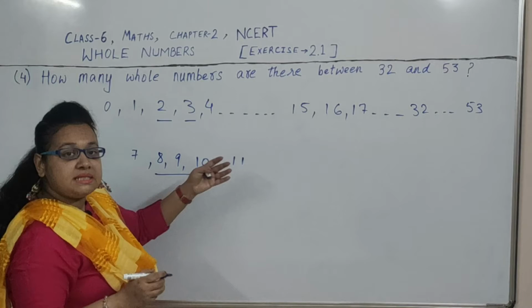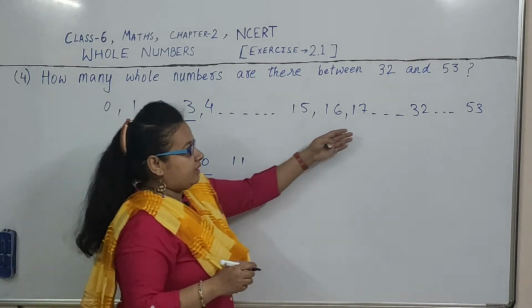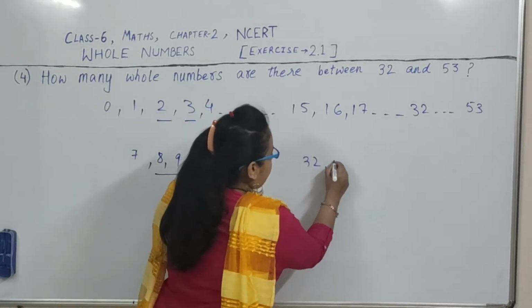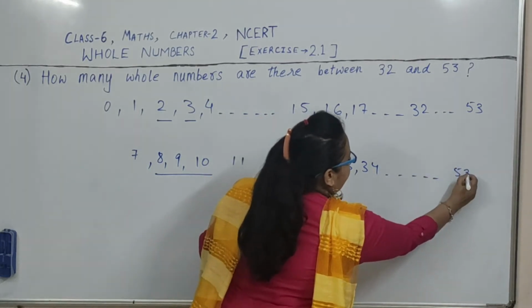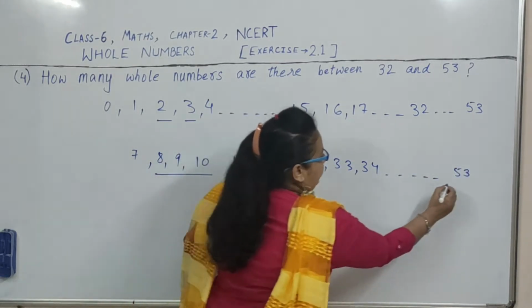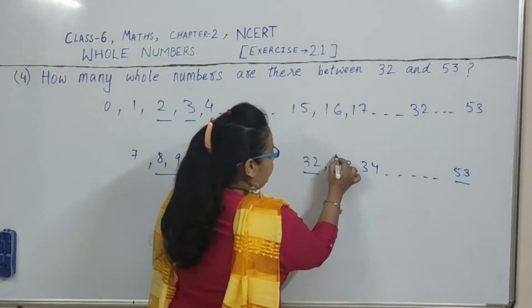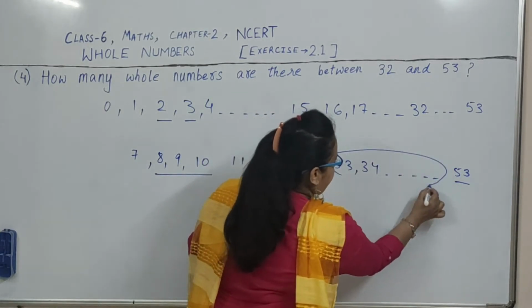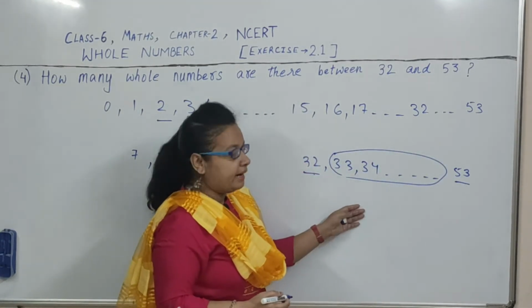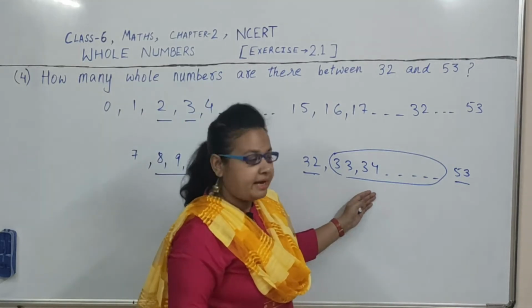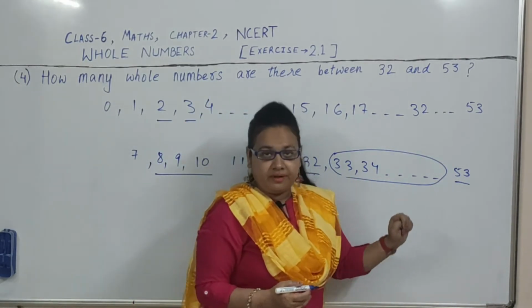But when the gap is more, here also we can write the numbers 32, 33, 34, like that, go on writing up to 53, and count how many whole numbers are there between 32 and 53.